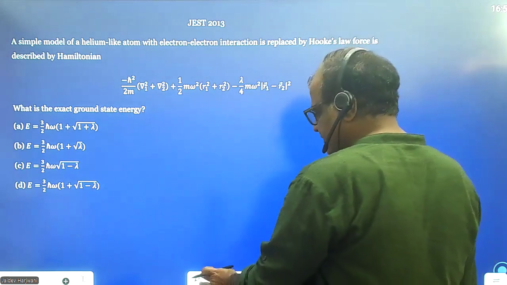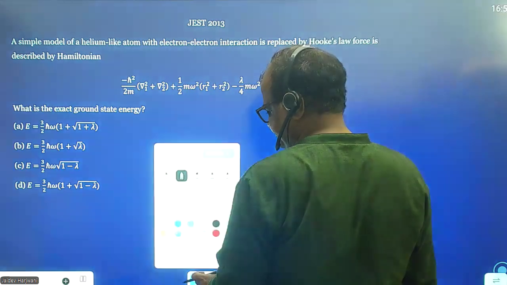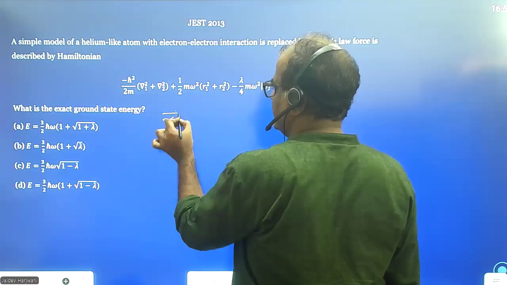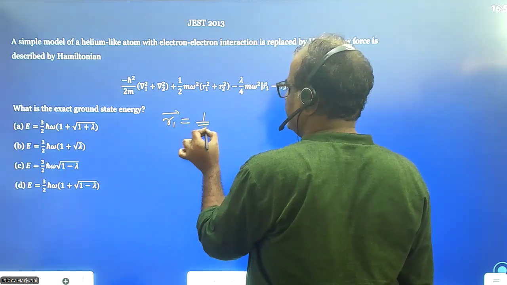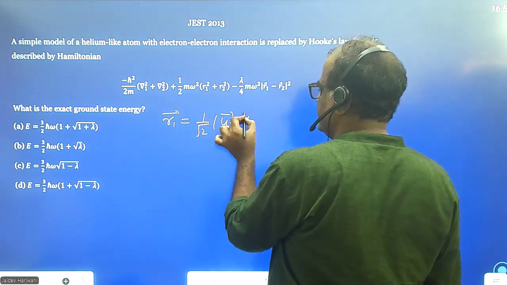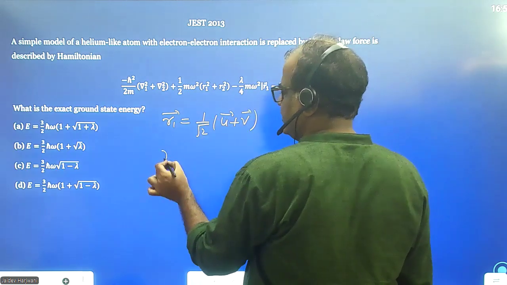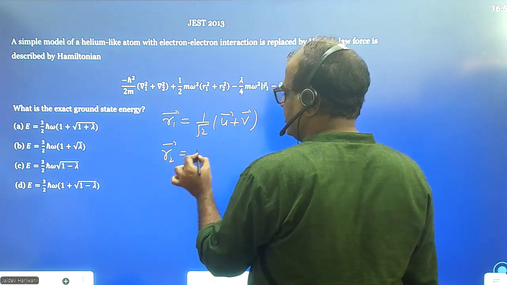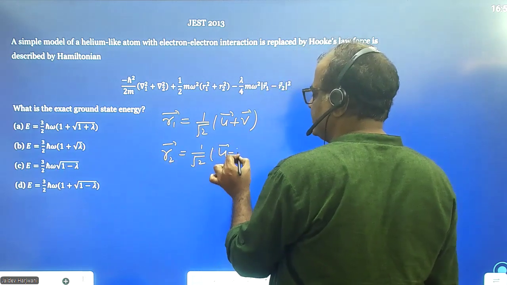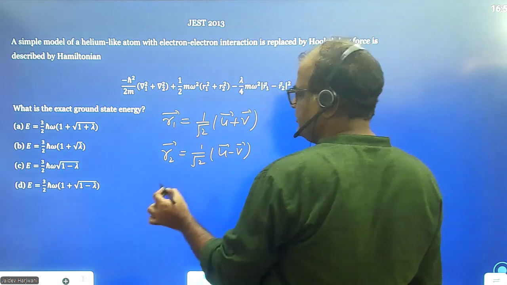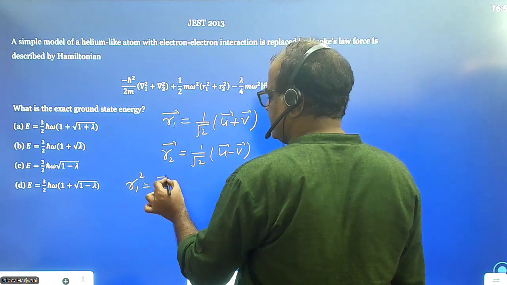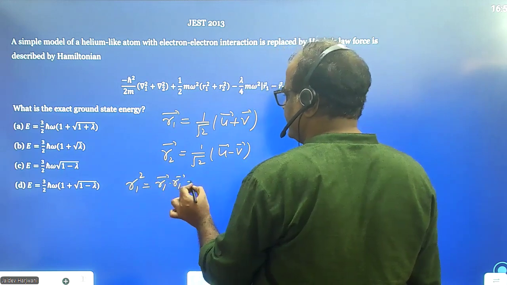For this, let me put the substitution. Say R1 is equal to 1 by root 2 times (U plus V), and R2 is 1 by root 2 times (U minus V). Now this will give me R1 square, which is R1 dot R1.